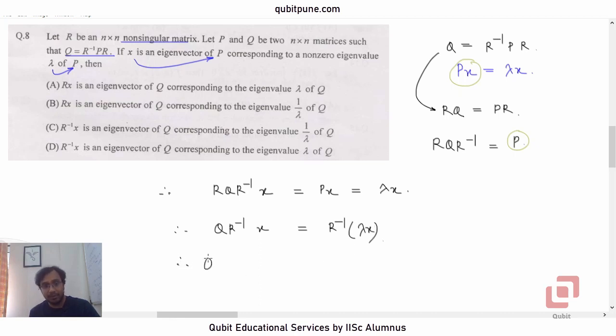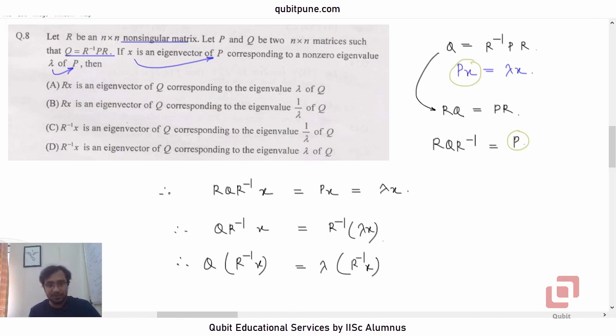Therefore Q into R inverse of X is equal to lambda into R inverse of X. Again we are using the associative property. Even if it is a scalar lambda and a vector or a matrix R inverse, we can write the scalar anywhere. Either we can write it as a multiple of the second matrix or the first matrix.